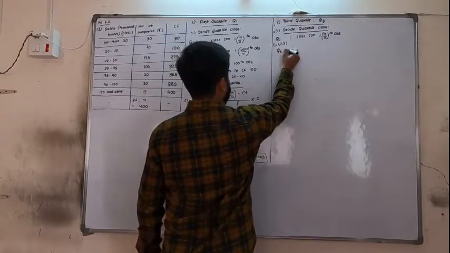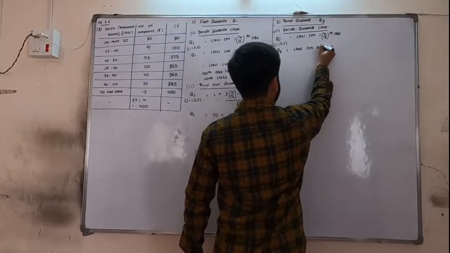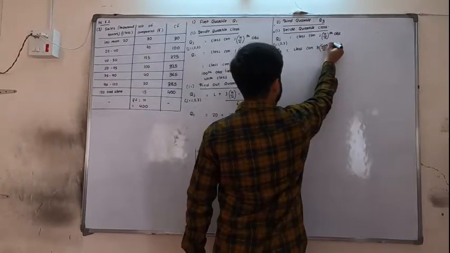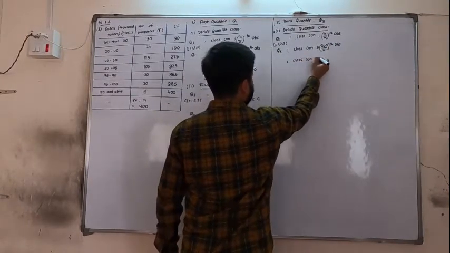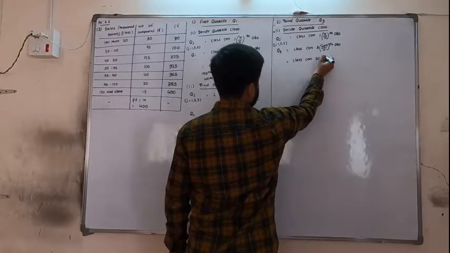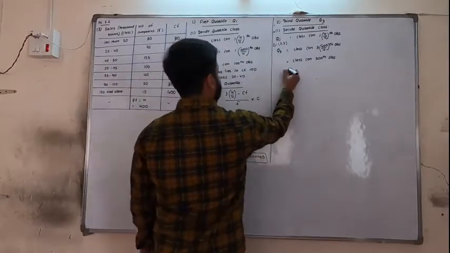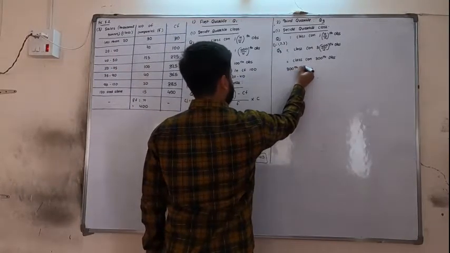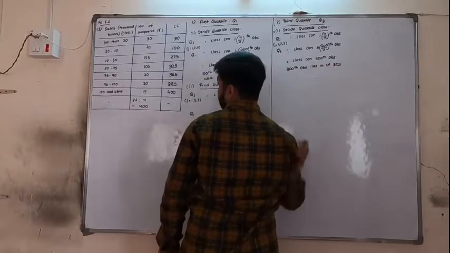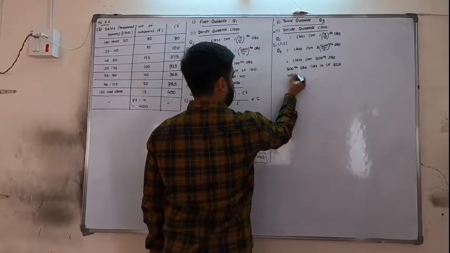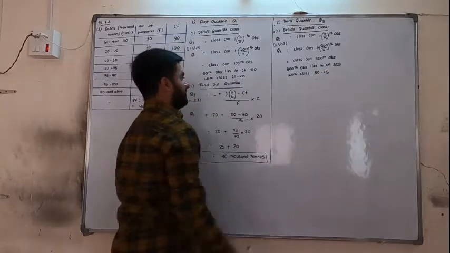We need Q3, so the class containing 3 into 400 by 4th observation, so the class containing the 300th observation. Now this 300th observation is here, in this class. So the 300th observation lies in CF 325 with class 50 to 75.